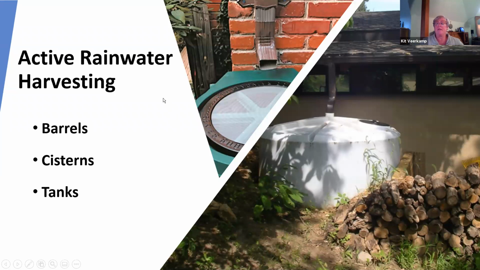Rainwater harvesting can range from utilizing rain barrels, larger cisterns, or very large underground tanks or even above ground tanks. Frankly, in our part of California, I wouldn't even waste my time with the barrels unless you just have no other options.